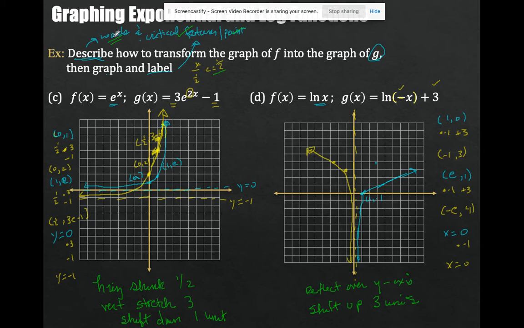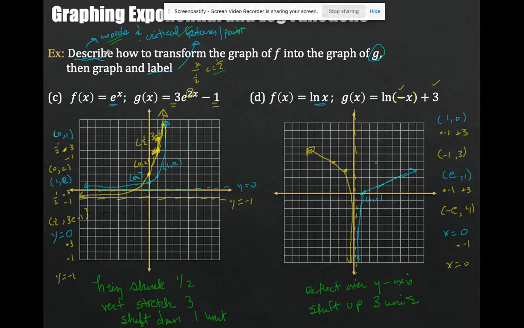Describing means give me some words. You don't have to give me formal sentences with capitalization and all that kind of stuff. I didn't ask in this one to put it in order of operations, but I would get in that habit of always doing that. I will be more specific with you on an assessment as to, do I want you to graph them both, or do I just want you to graph G?